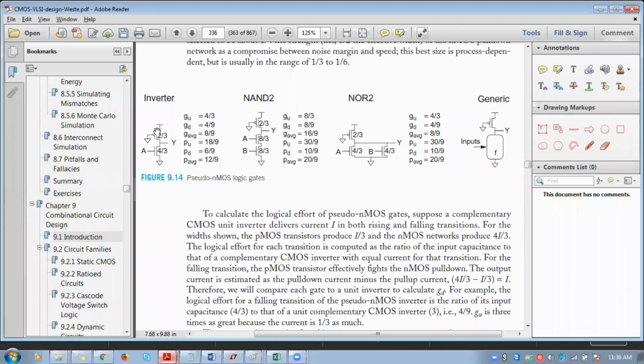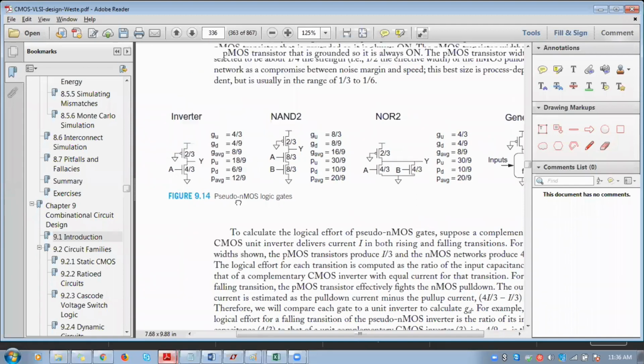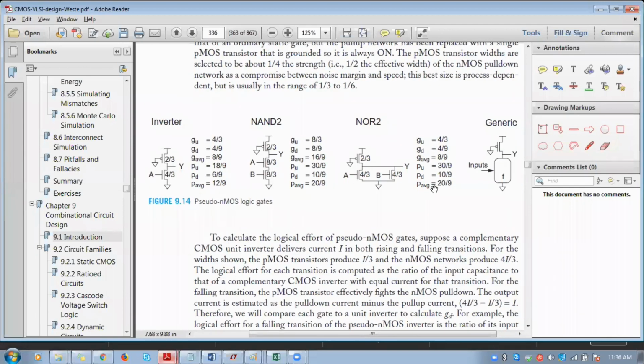So the strength of PMOS is chosen as 1 by 4th of the strength given for NMOS. Ultimately you need to remember at the time of design that you can draw the NMOS structure for the logic as it is, and replace the entire PMOS structure with a single PMOS which is always connected to ground.